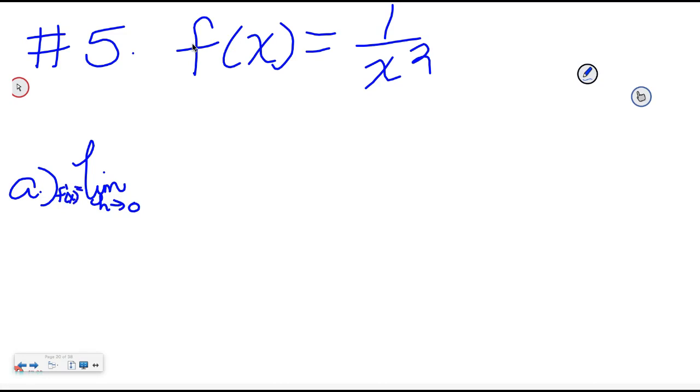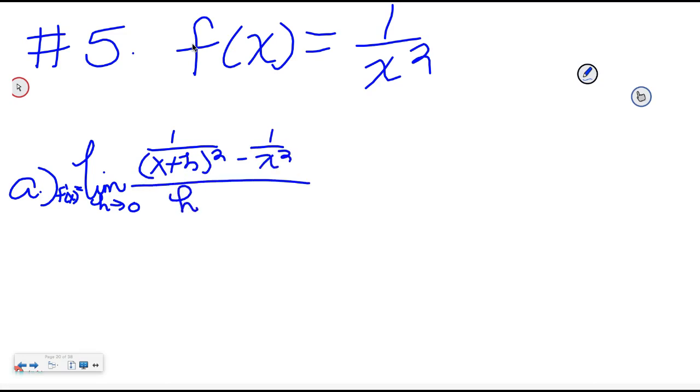Limit as h approaches 0 of f of x plus h, so I put x plus h into the function for x, minus f of x, the function itself, all over h. And again, if I put 0 in for h right now, I'll get 0 over 0. So my goal is to find that h in the top as a loner so I can cancel it off. This is a complex fraction.